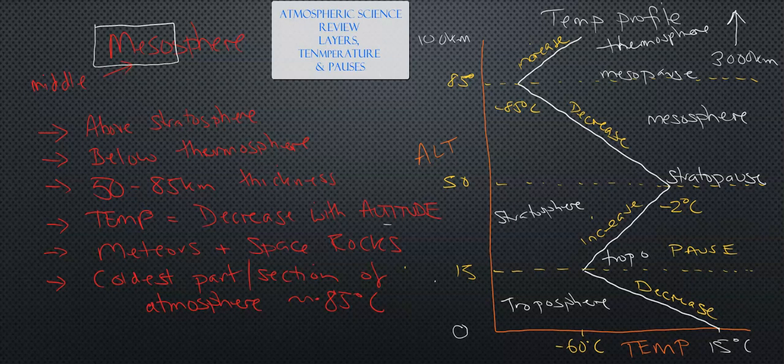Now, the cool thing about the mesosphere is there's enough air molecules due to the atmospheric pressure and also the gravity. There's enough air molecules that when a rock from outside of our planetary system, which we call an asteroid, enters the atmosphere, we call it a meteor. Now, this meteor is going to come through the thermosphere and enter the mesosphere.